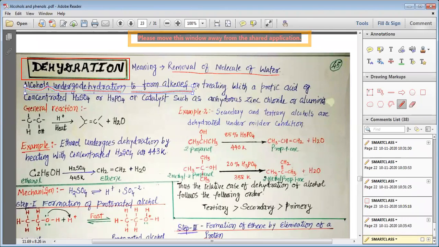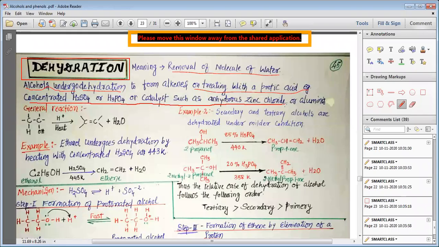The alcohol forms alkene on treating with a protic acid, for example concentrated sulfuric acid or phosphoric acid, or a catalyst such as anhydrous zinc chloride or alumina. So remember, my dear students, that alcohol gives alkene. This process is known as dehydration.